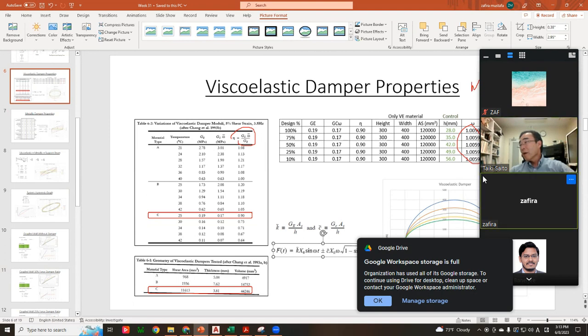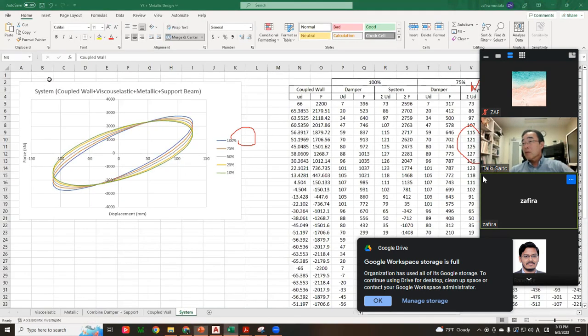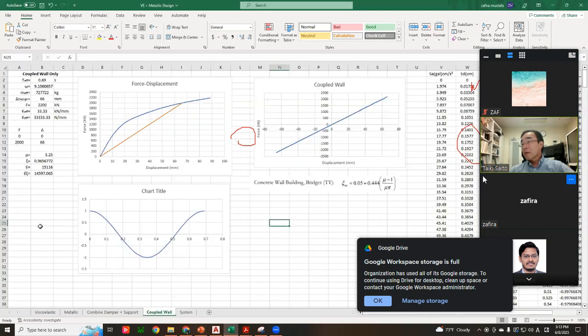Yes. So your building is almost 6 seconds natural period. Are you sure? No, that's the effective period 0.9. Yes.